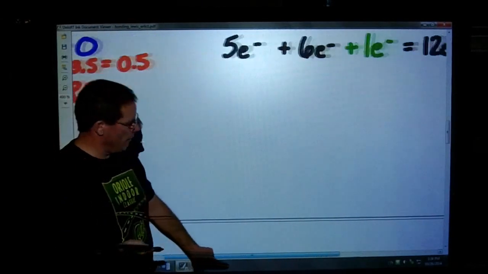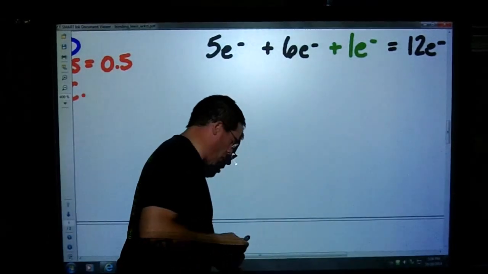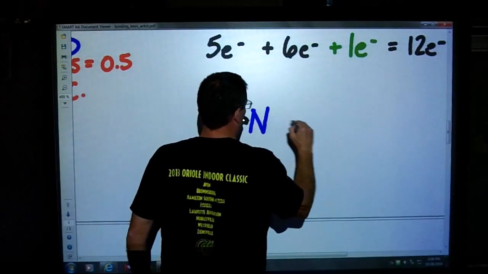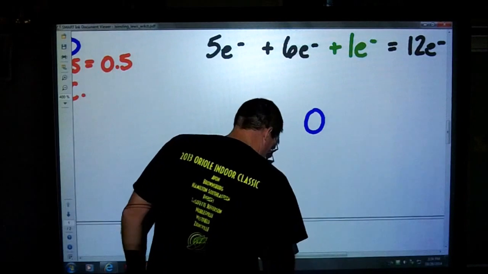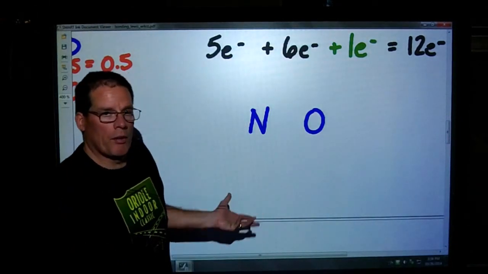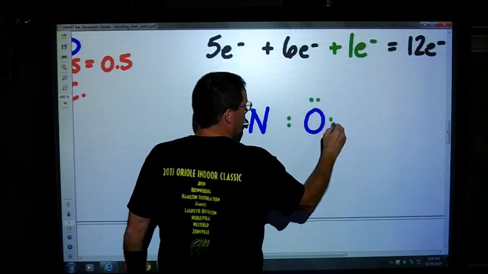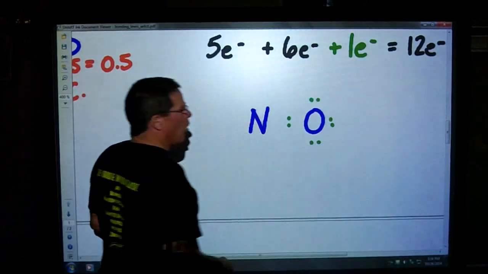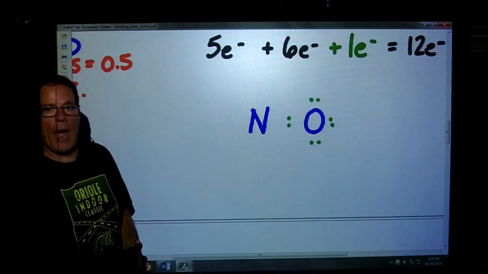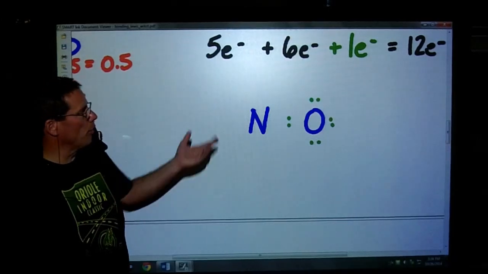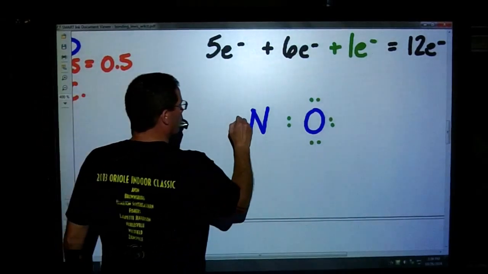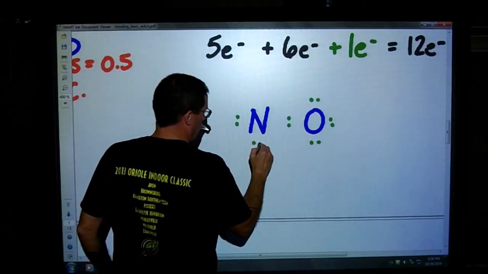And again, we have nitrogen and oxygen. Doesn't matter this time which is the central atom. So I'm just going to say oxygen's outside because it's on the right side. Doesn't mean anything. So I'm going to go ahead and put 2 there, 2 there, 2 there, 2 there. So in this case, my oxygen's happy, and I have 8 represented, but I need a total of 12. So let's put 4 more just somewhere.